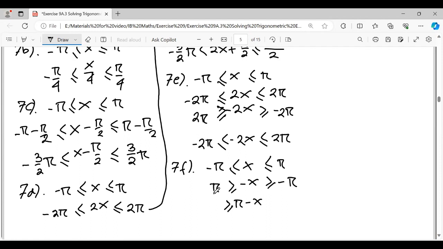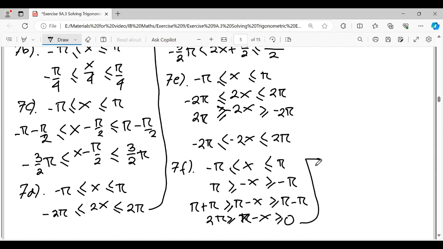So it is pi minus x, 2 pi, 0. So number 7f becomes pi minus x, 0 to pi.